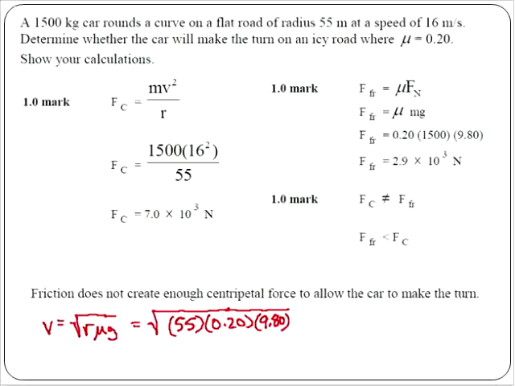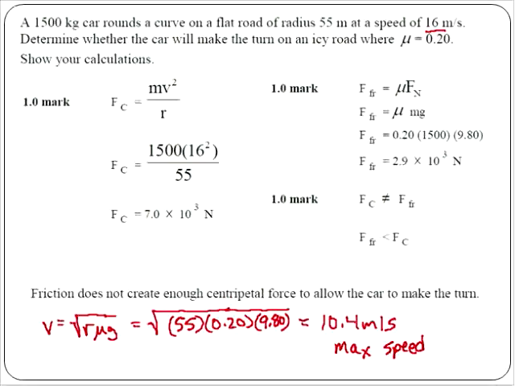If I take the square root of that, I get 10.4. So that tells me that 10.4 meters per second would be the maximum speed. Any faster than that, the car is going to slide off the road. And obviously, this car is faster because it's traveling at 16 meters per second.